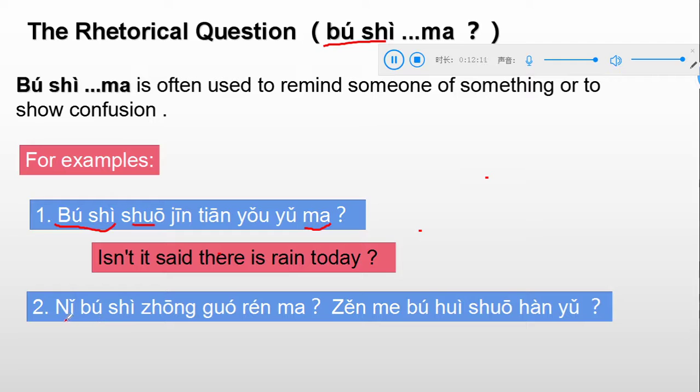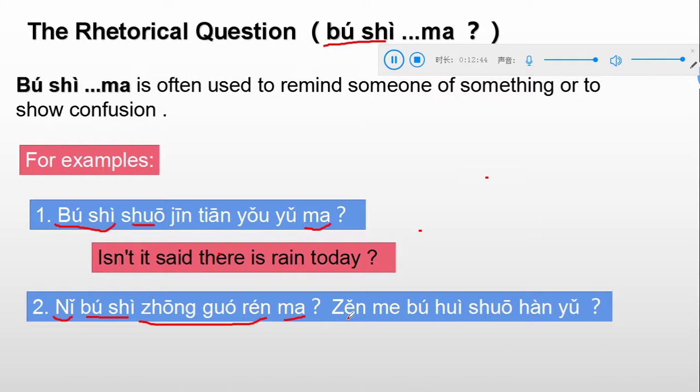First, 你 is the subject, which means you. 不是吗 is the rhetorical question structure. 中国人 means a Chinese person. So we say, aren't you a Chinese person? That's the first half of this sentence.